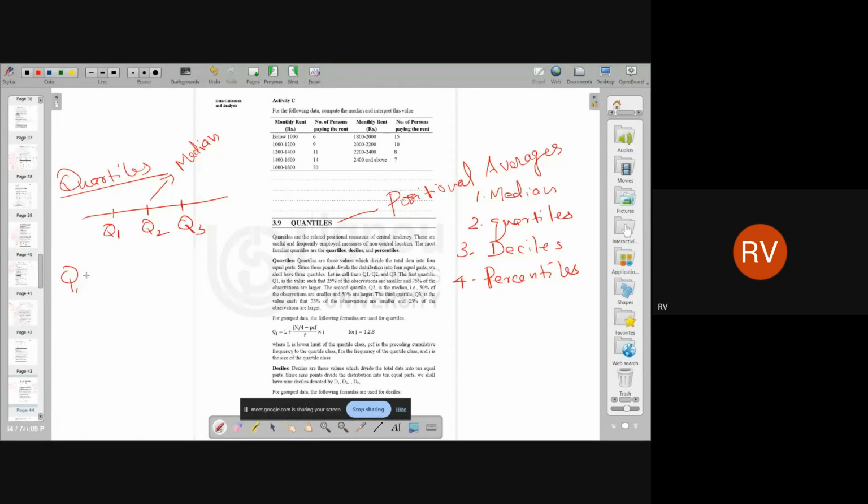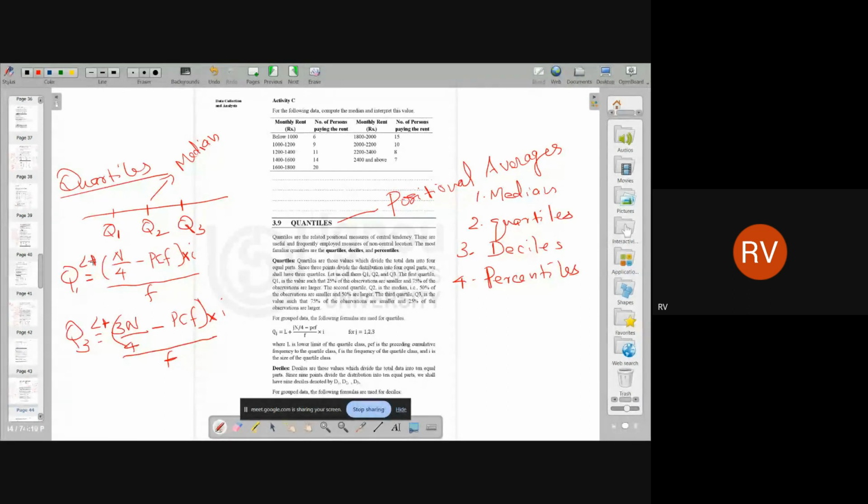Q1 is equal to L plus (n by 4 minus PCF) into I divided by F. Q3 is 3n by 4, the 75th percentile, minus PCF into I divided by F, plus L. This is the formula for finding quartiles.